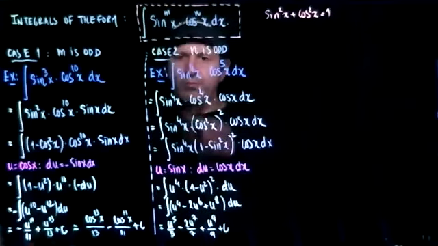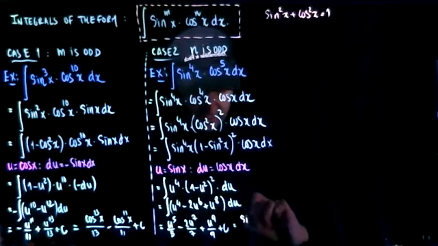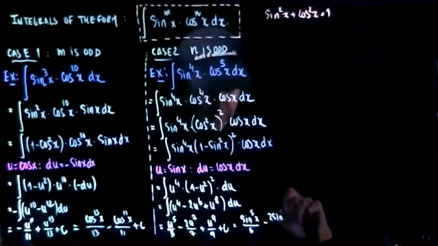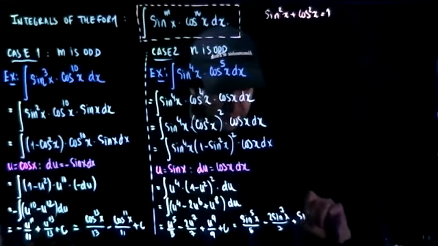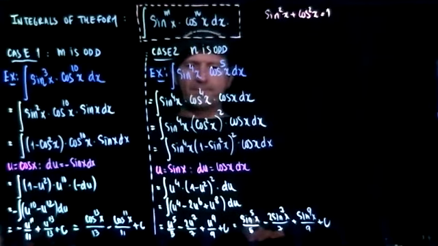Then I replace the u back by sine x, and I'm done: sine^5 x over 5 minus 2 sine^7 x over 7 plus sine^9 x over 9 plus c. That's it.